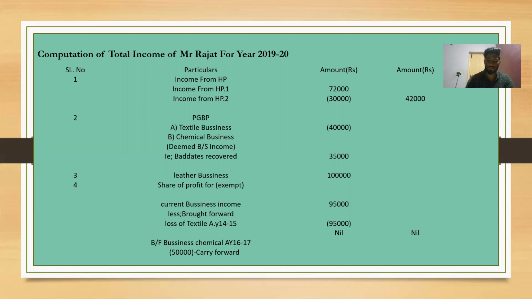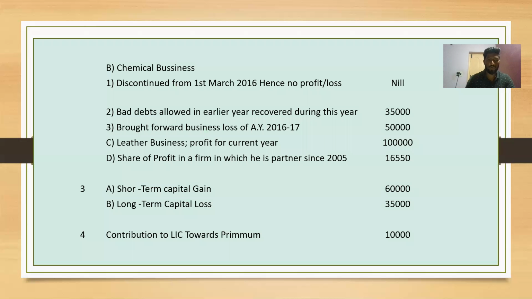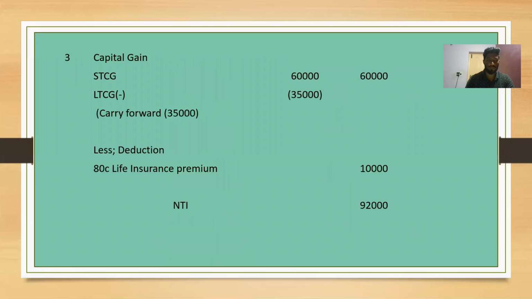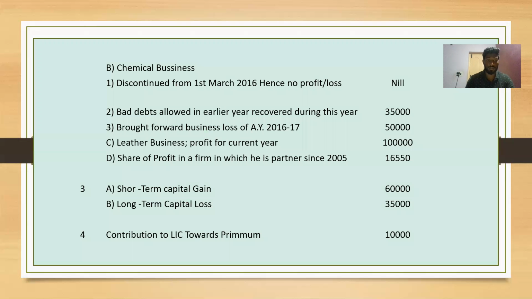Moving on, we have short-term capital gain and we also have long-term capital losses. See very carefully. As I told you before, we cannot set off long-term capital loss against short-term capital gain. Vice versa is done: short-term capital loss will be set off against long-term capital gain.